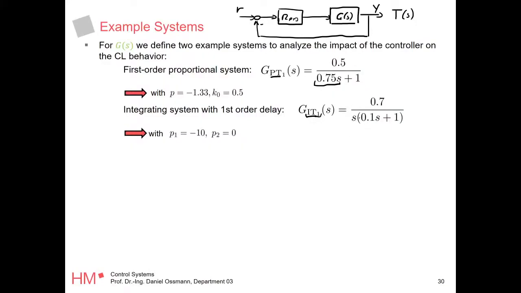If you put in a step here, it integrates up to infinity. It has a pole at 0, it's this guy here, and it has a pole at -10, corresponding to a time constant of, sorry, 0.1 seconds, not 10. It's the negative inverse, so 0.1 seconds, which is here.